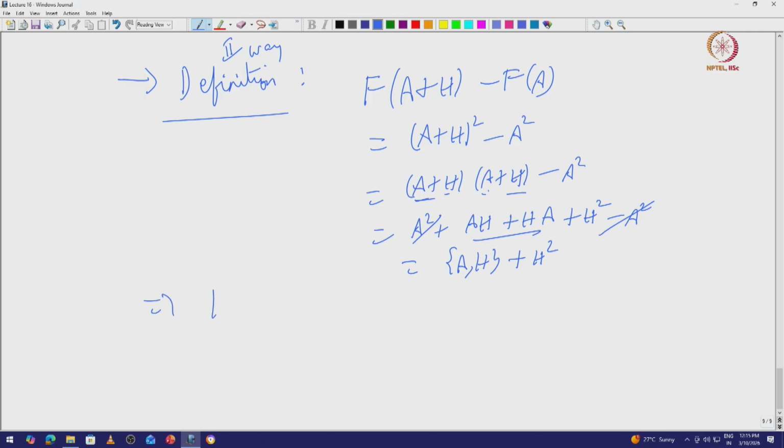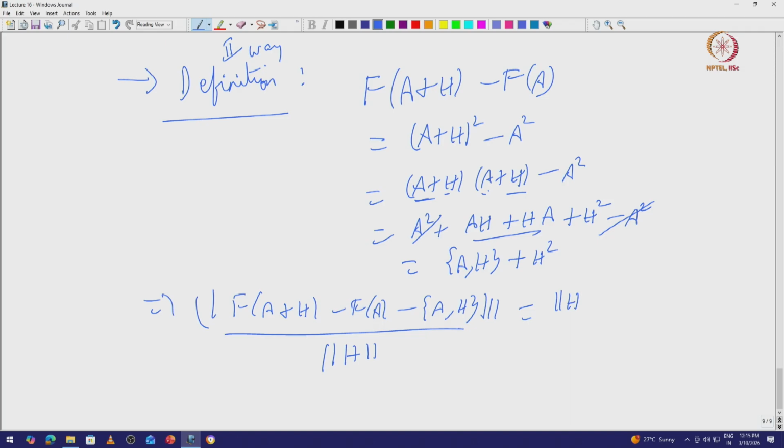So f(A plus H) minus f(A) minus this linear map in H, divided by norm H, if you wish, is norm H squared by norm H. For matrix norms, like for instance the Frobenius norm, you get this.